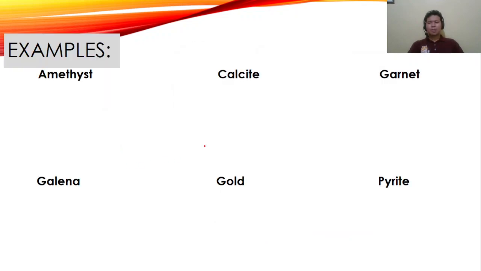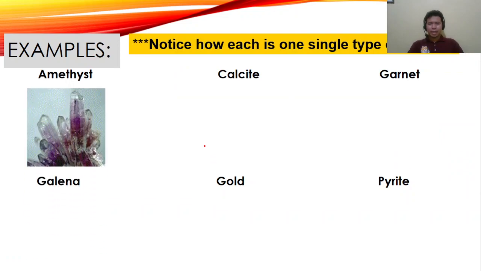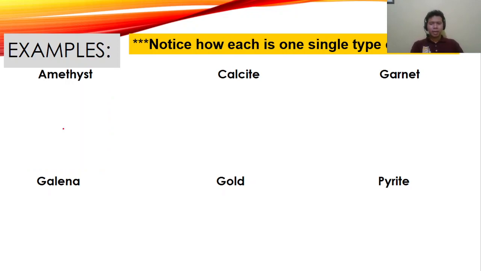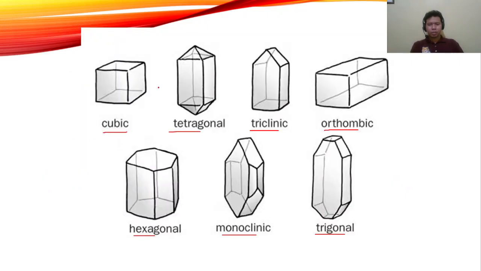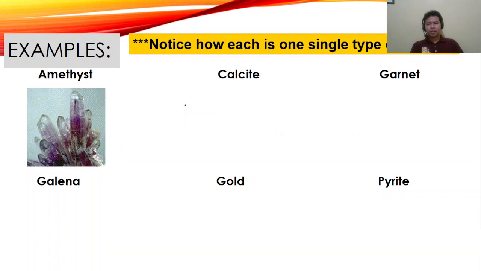So we have examples here. We have amethyst. Which shape does amethyst possess? Going back here, it's more on tetragonal, right? Being the shape of the amethyst.